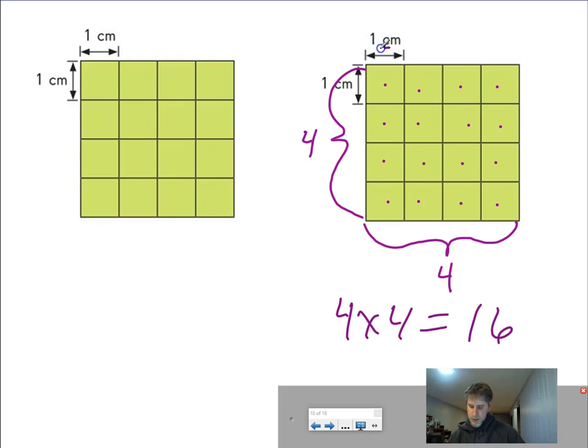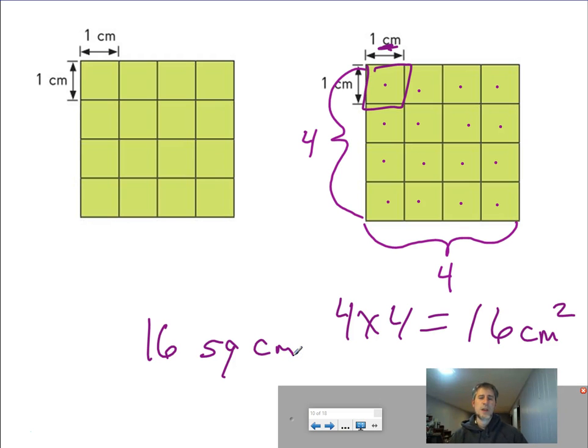Because these are centimeters, they're square centimeters, so I could put down 16 centimeters squared. As far as what you would type in, you can put down 16 SQ for square, and then CM for centimeters.